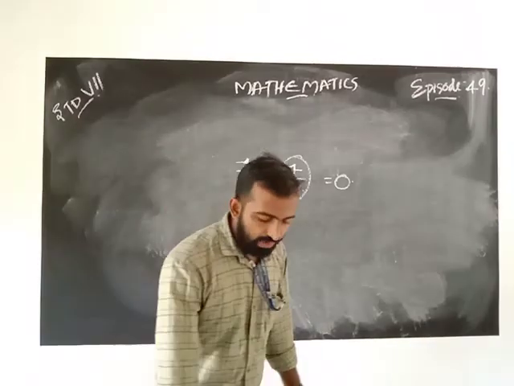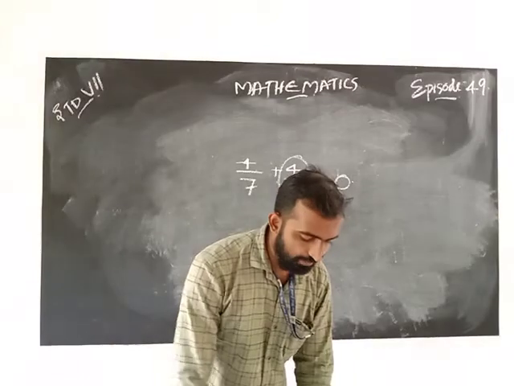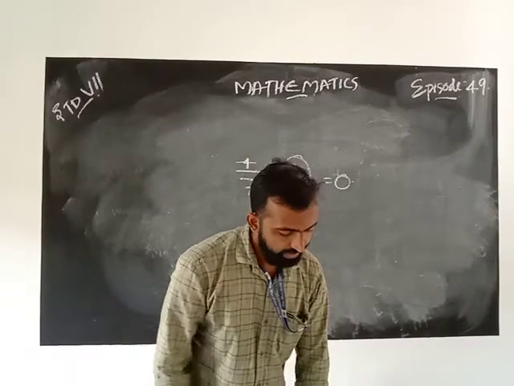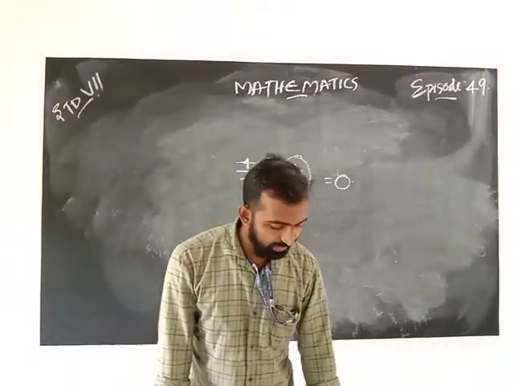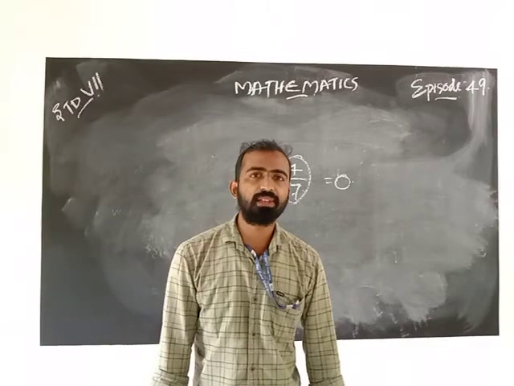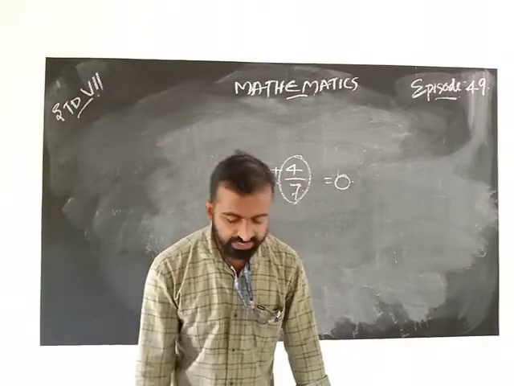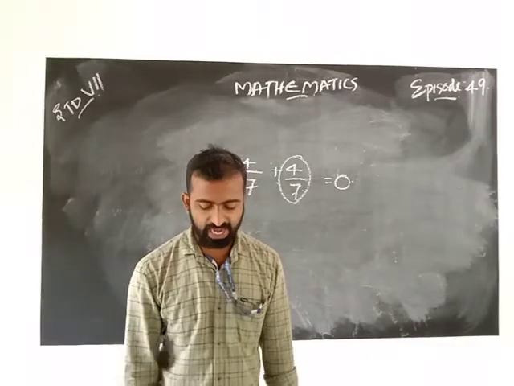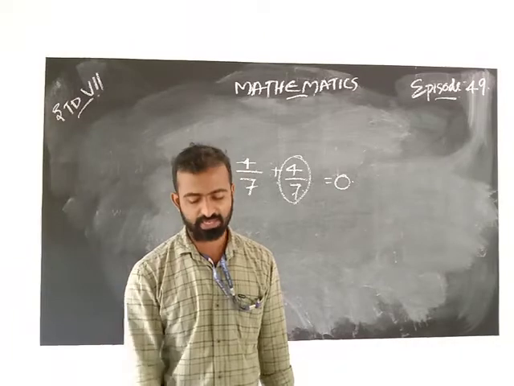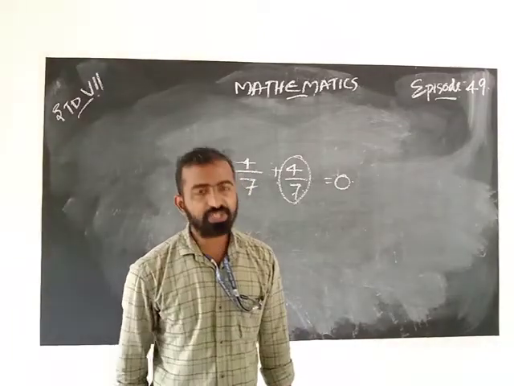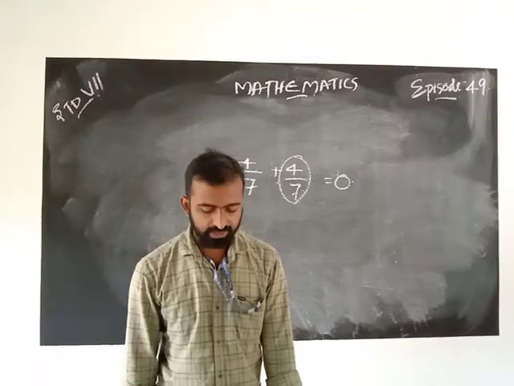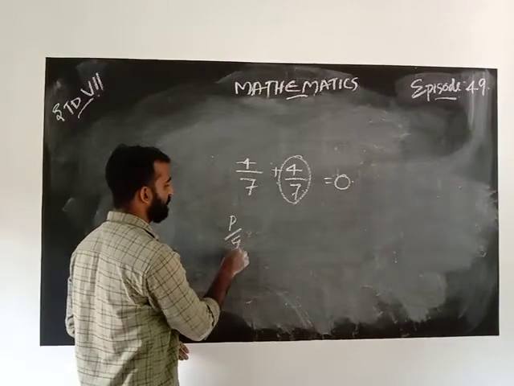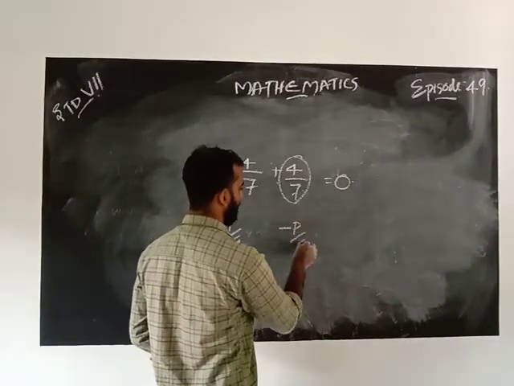Next we are going to discuss an example. Try this: what is the additive inverse of negative 3 by 9? Generally, we can say that the additive inverse of p by 2 is negative p by 2.